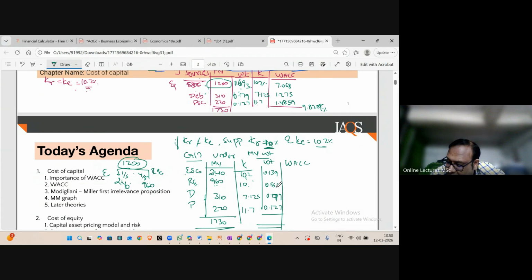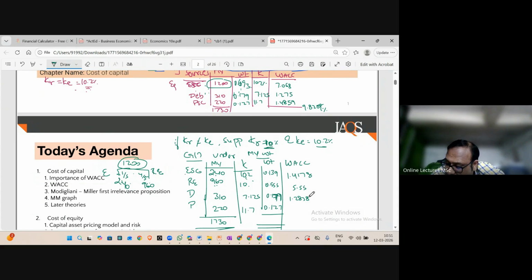10.2 into 0.139 is 1.4178. 10 into 0.555 is 5.55. 7.1725 into 0.179, cost of this was 9, so this is 1.2838.